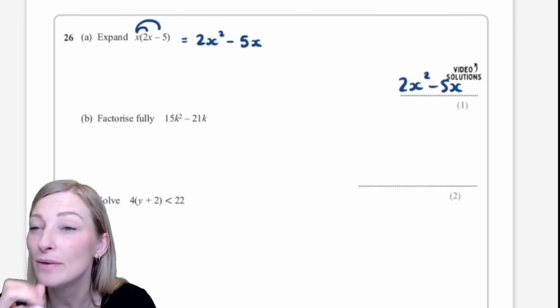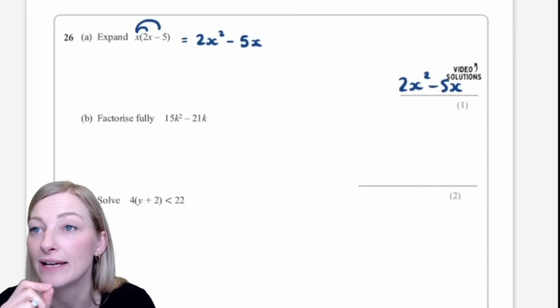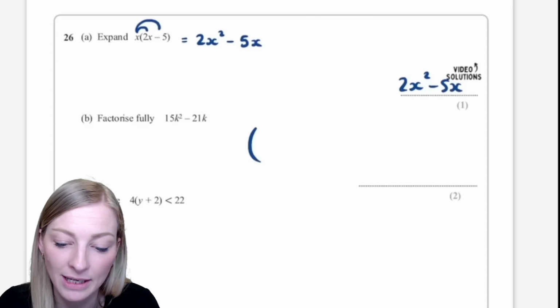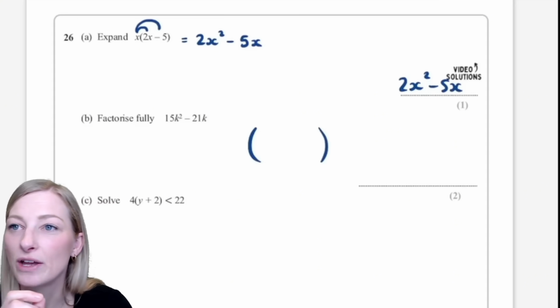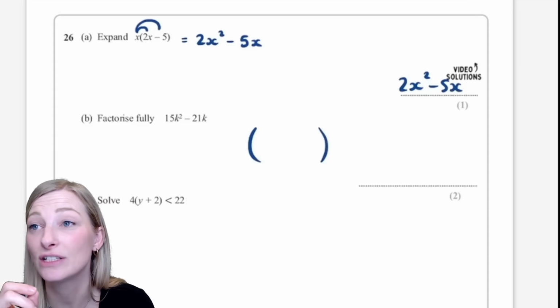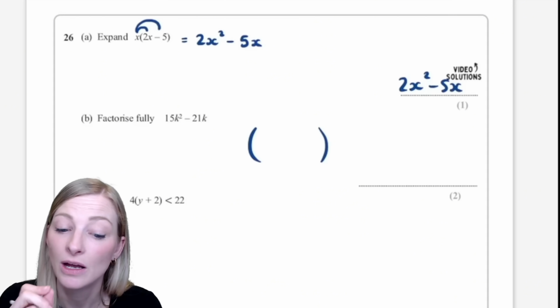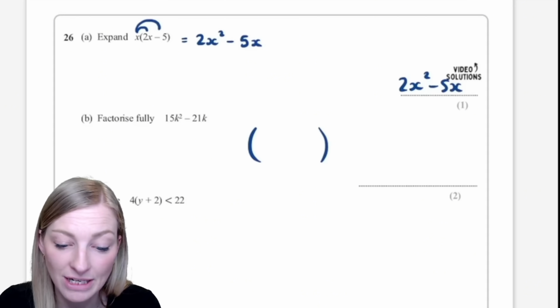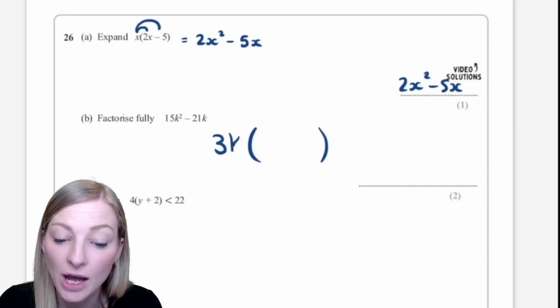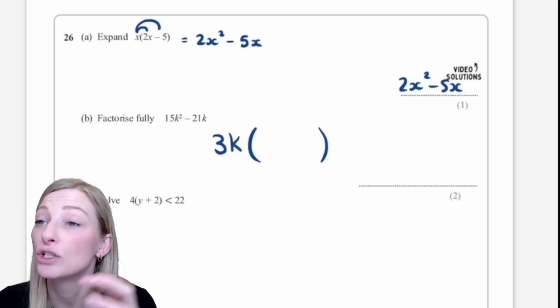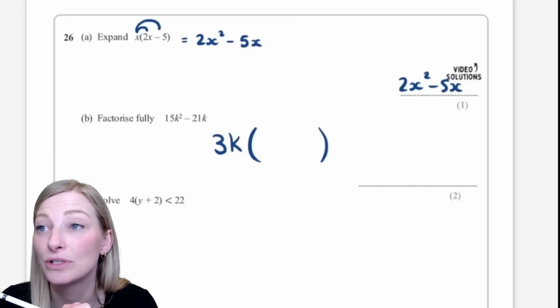For part B, we're asked to factorise fully. Factorise means to put into brackets. What have they got in common? Now, the factorise fully is a clue that more than one thing is going to come outside the bracket here. Both 15 and 21 are in the 3 times table, and both terms have k as a factor. So we can bring 3k outside the bracket.